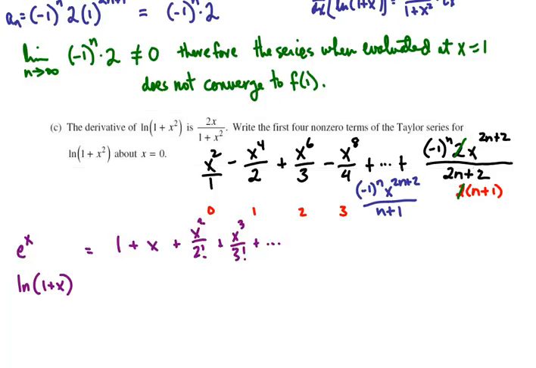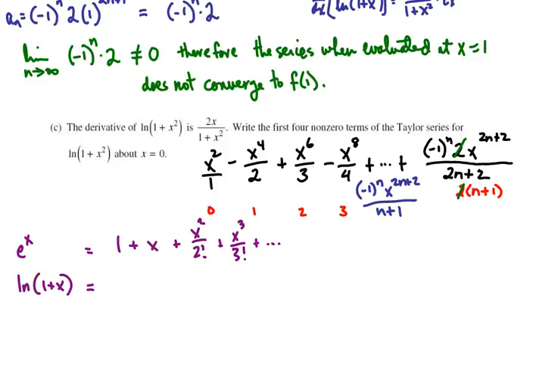So e to the x is just 1 plus x plus x squared over 2 factorial plus x to the third over 3 factorial, etc. So it's just x to the n over n factorial. Now with ln of 1 plus x, it doesn't start at 1, because ln of 1 plus 0, or f of 0, would be ln of 1, which is 0.